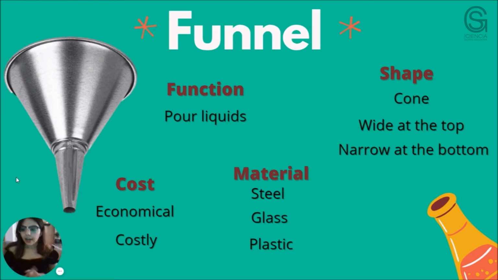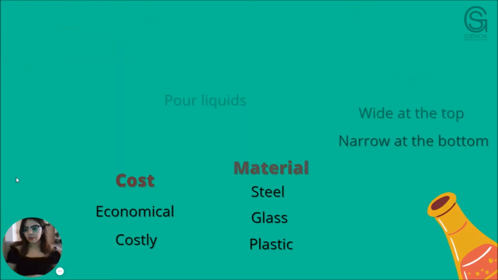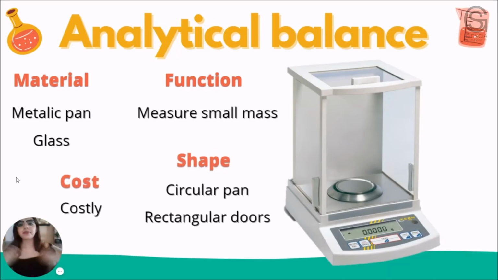So as a final object that we are going to describe today, we have an analytical balance. As in the image, it's not like the common balance that we know. So this is only for laboratory purposes. So we are going to start with its function, that is to measure small mass. And its shape, as you can see, it has a circular pen that is over here, and rectangular doors.